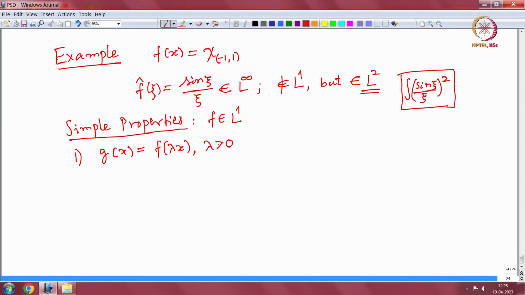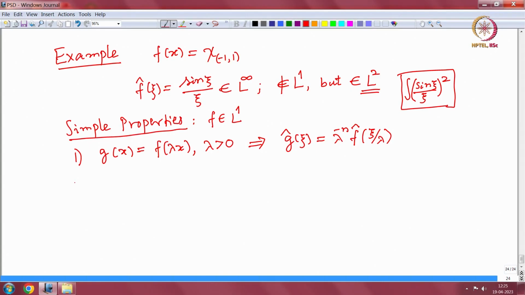What is the relation of the Fourier transform of g and the Fourier transform of f? This is very easily doable. It is lambda to the minus n f cap of j by lambda. Once you know the Fourier transform of a function, all its dilations can be worked out.